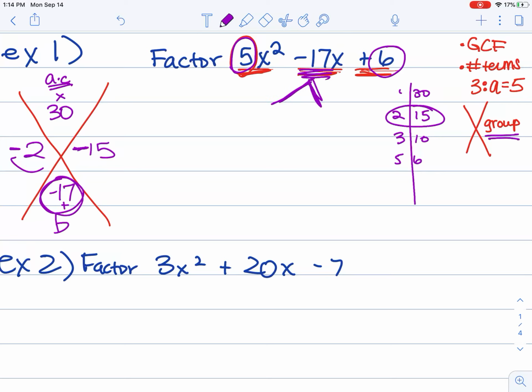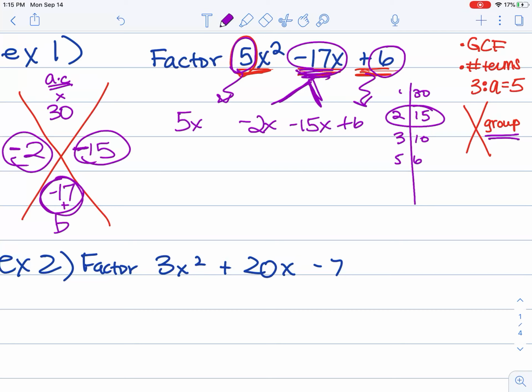We have to make this negative 17x split up into a minus 2x and a minus 15x. Those are just the numbers that we found that are going to make our factoring doable, okay? It's the same value as negative 17x, but now we're splitting it up so we can actually factor. Bring down this part, and we're going to bring down this part as well.